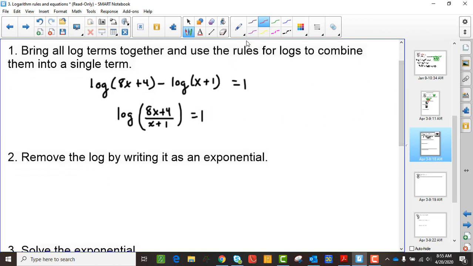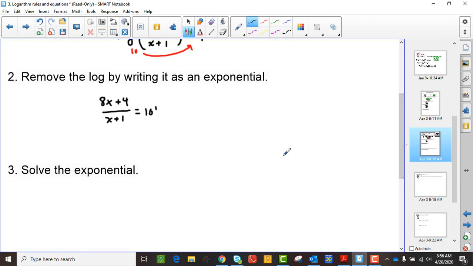This is actually base 10, we know that. So it's 10 to the 1 is equal to this. That gives me 8x plus 4 divided by x plus 1 is equal to 10 to the 1. Then I'm going to try to solve that. In order to do that, 8x plus 4 has to equal 10 times x plus 1, I'm just going to multiply by x plus 1.